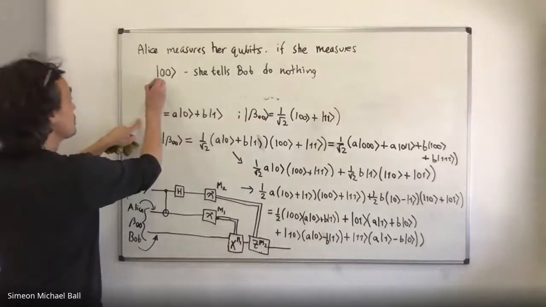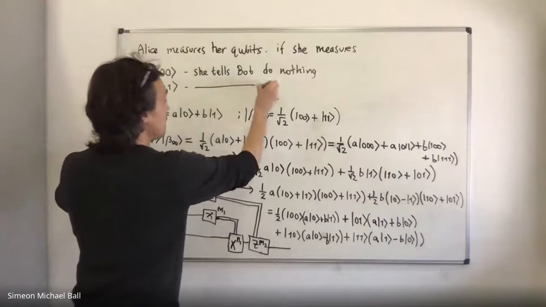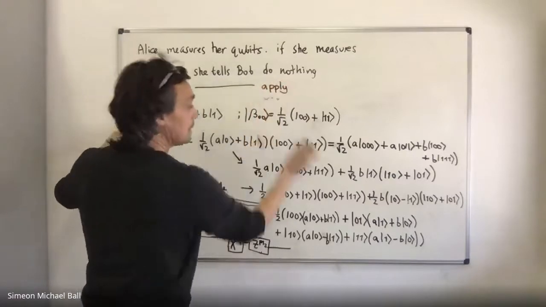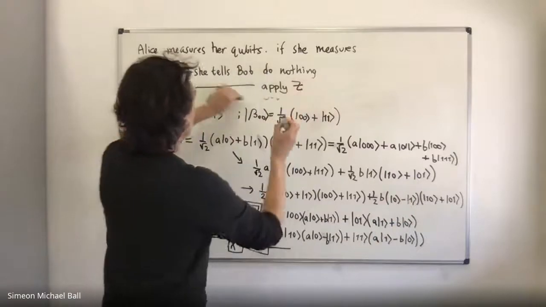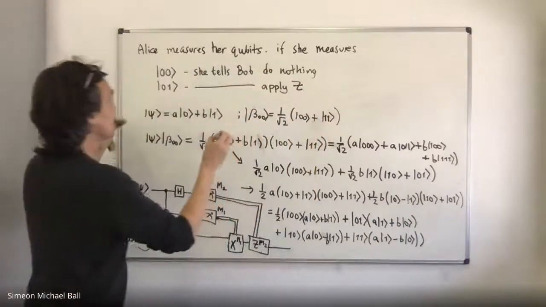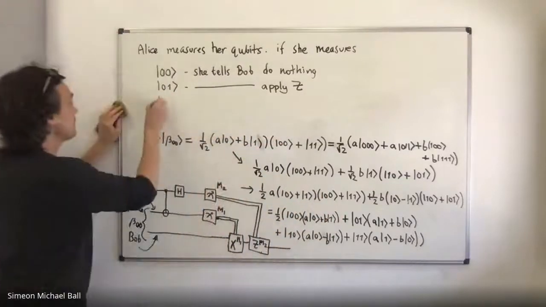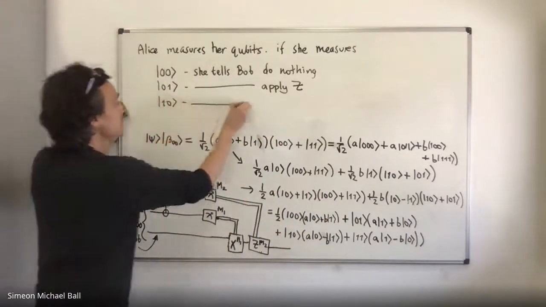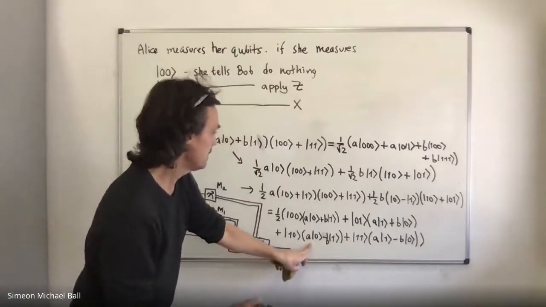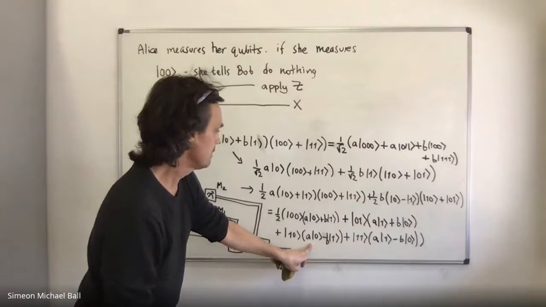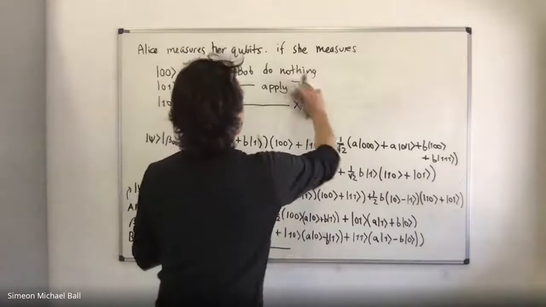If she measures 0, 1, she tells Bob, apply, now, she's got this state, so apply Z. If she measures 1, 0, she tells Bob, apply X. No, apply. Oh no, sorry, apply X here.